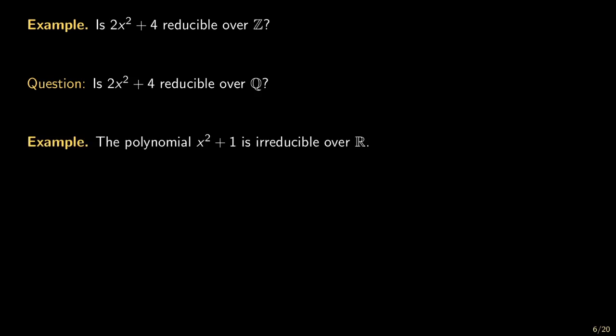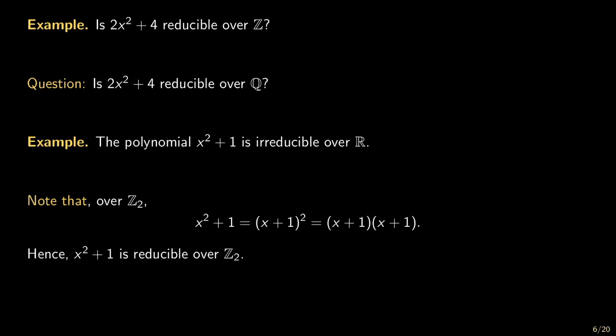Well, this polynomial is famous, the polynomial x squared plus 1. This leads us to the invention of the symbol i, remember? So we know that x squared plus 1 is irreducible over R. It's being used a lot of times in basic algebra. But notice that over Z sub 2, when we view this polynomial as a polynomial over Z sub 2, using the freshman's dream theorem, we know that modulo 2, x squared plus 1 is the same as x plus 1 quantity squared.